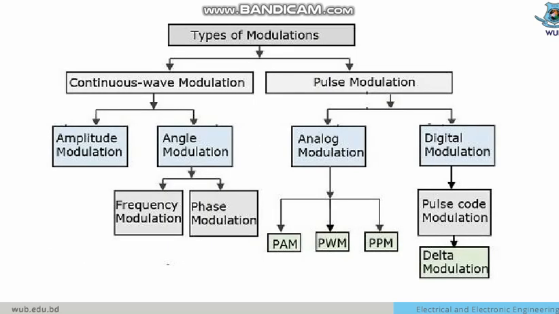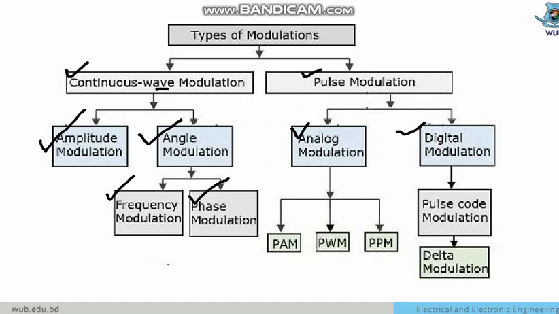Now these are the types of modulation. There are two types of modulation: continuous wave modulation and pulse modulation. Continuous wave modulation has two types: amplitude modulation and angle modulation. Angle modulation is divided into frequency modulation and phase modulation. Pulse modulation is divided into analog modulation and digital modulation.